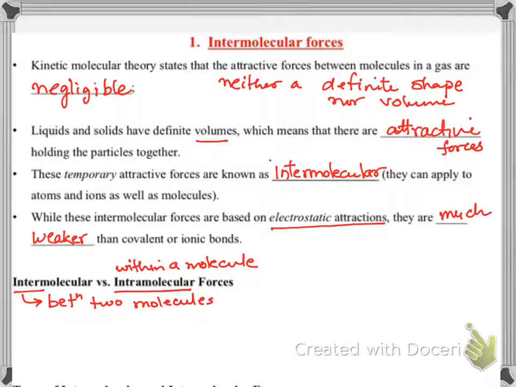So, for example, let's say this is CH3OH. I'm drawing one molecule here, and all these bonds are covalent bonds.